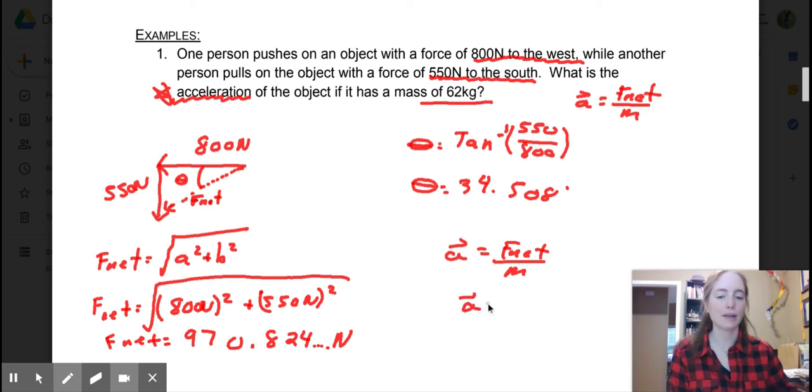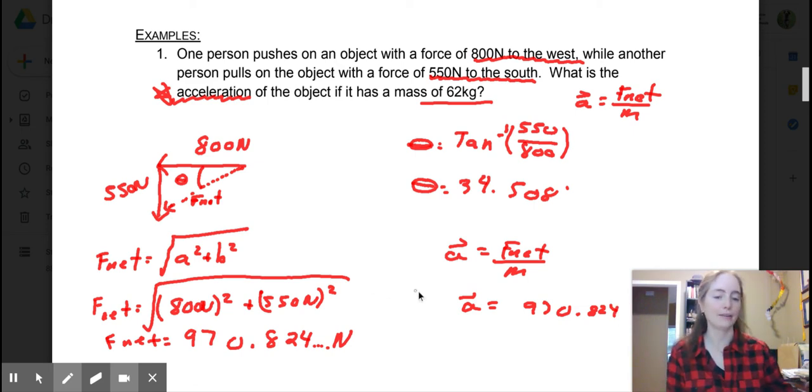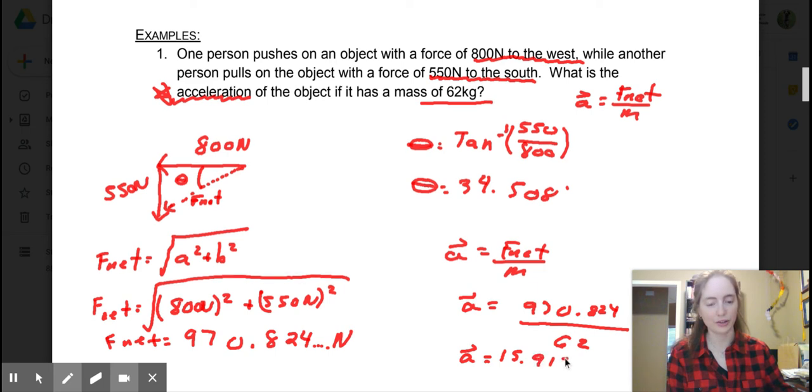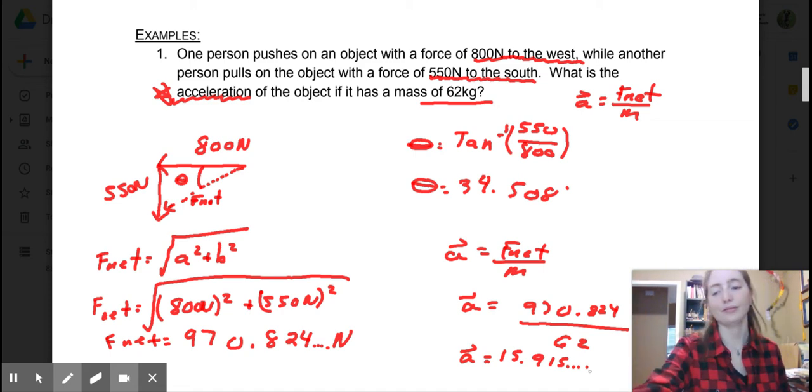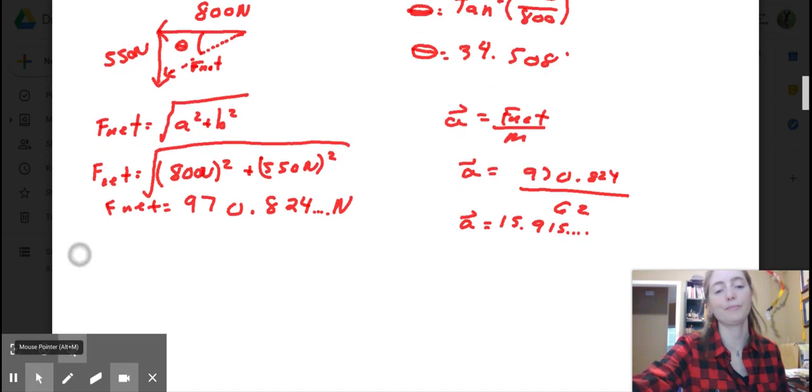So I'm going to take my F net, which is going to be 970.824, leaving every single one of those digits in your calculator. And I'm going to divide that by the mass of 62 kilograms, which is going to give me my lovely acceleration of 15.915... meters per second squared.